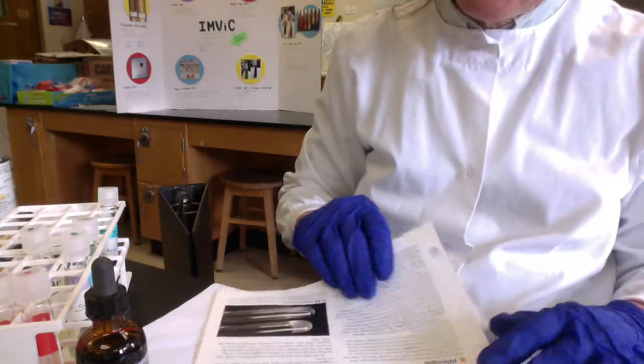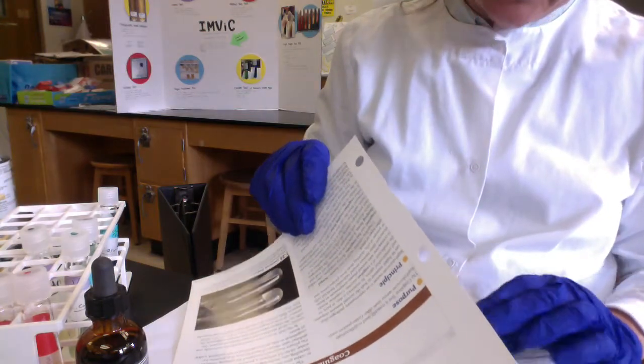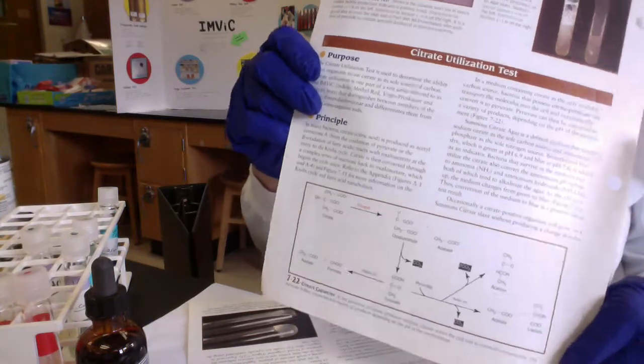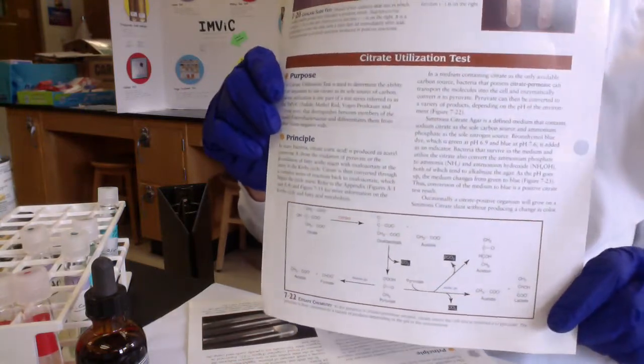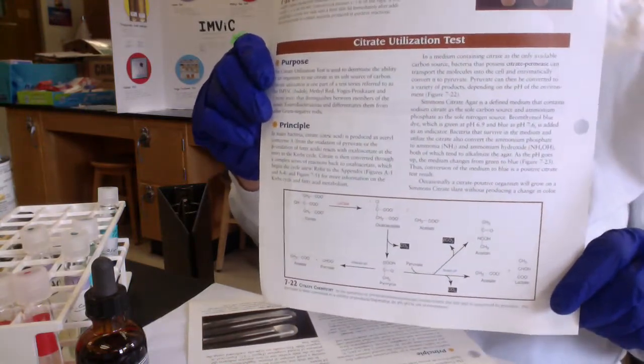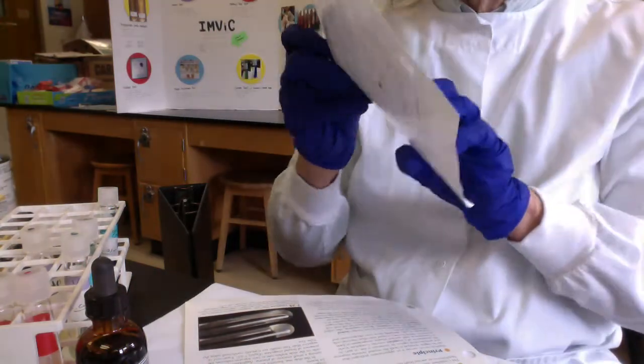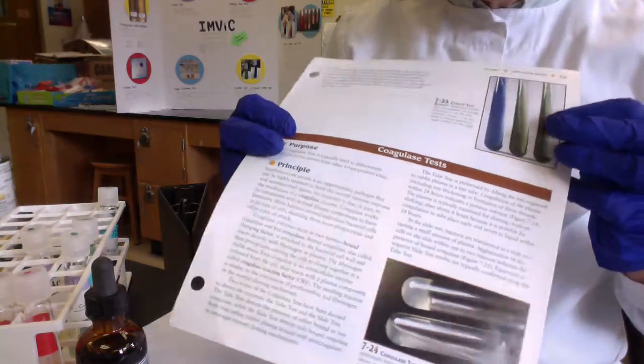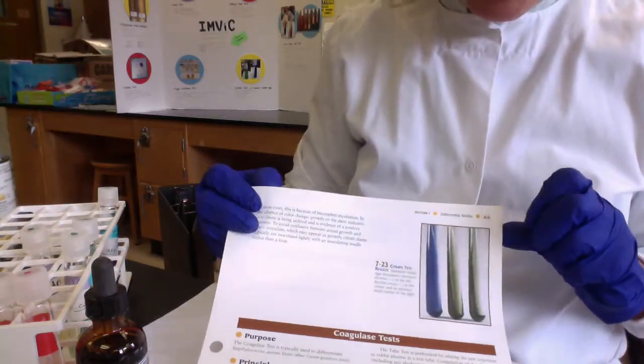And this is a test to see if your microbe can use citrate as a sole source of carbon and energy. And the pathway to me is really complicated, so we're just going to stick with the simple things. So you guys, the medium that we used to run our citrate test, it's called Simmons citrate agar.